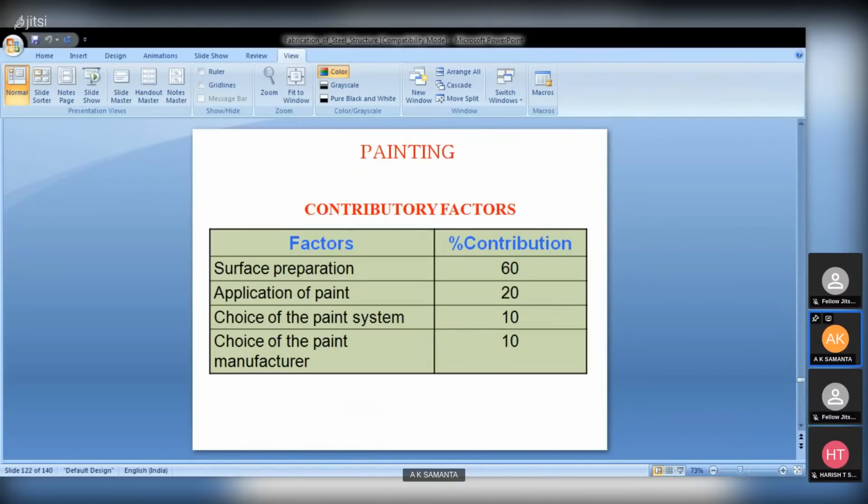Exactly, the purpose has already failed, because during the night some moisture has again come into contact with the steel. That's why it is advised that within 1 hour of the cleaning, in dry condition, not in moisture condition or in rainy season, primer has to be applied.